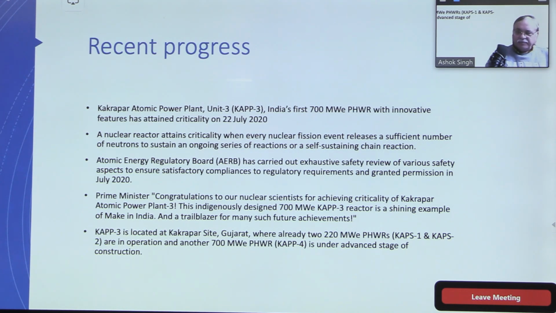So this is the latest development. And this is PHWR using natural uranium. But nevertheless, advanced technology.